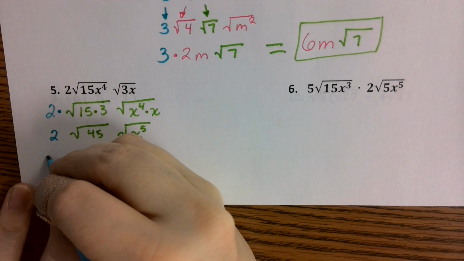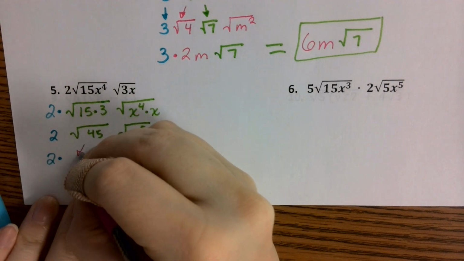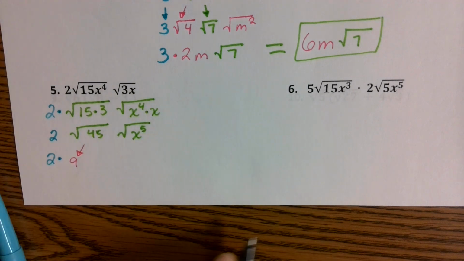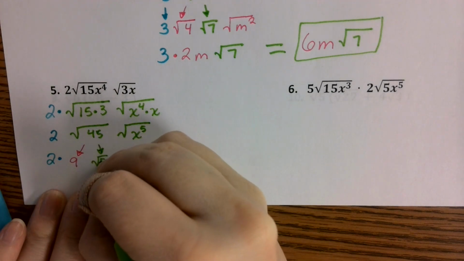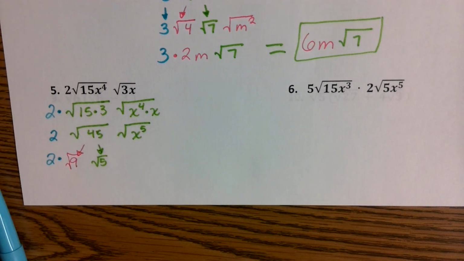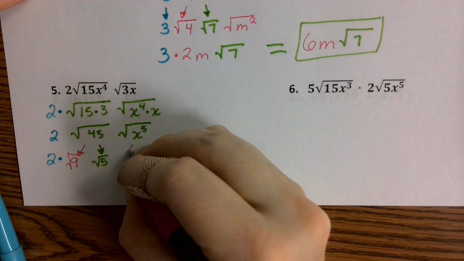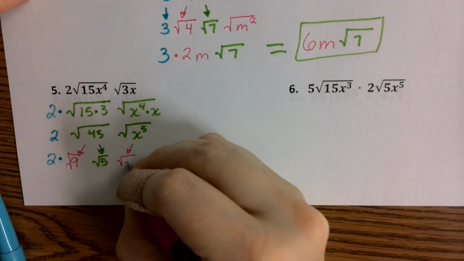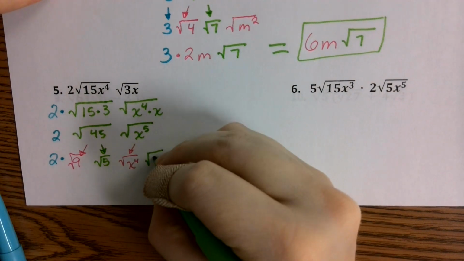Square root of 45 can be broken apart. You've got square root of 9 that can go into it, and square root of 5. Sorry, I forgot to put the square root symbol. So we've got square root of 9, square root of 5. And then x to the 5th, obviously, we can break that apart back again to square root of x to the 4th, square root of x.